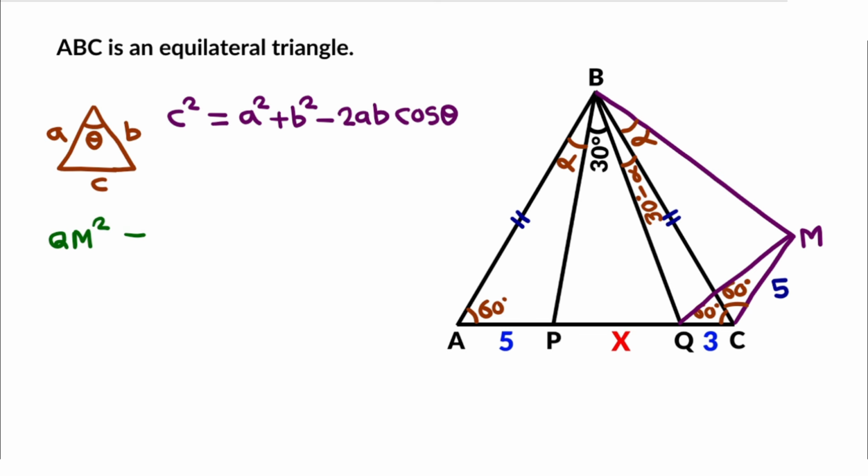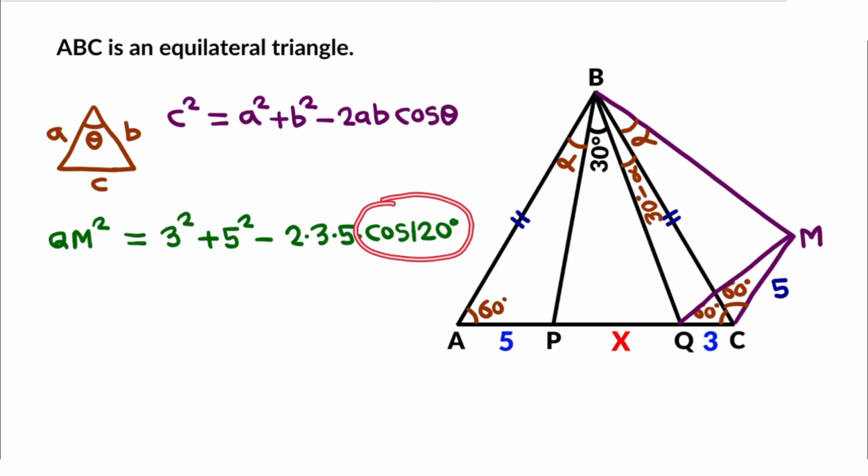QM squared equals 3 squared plus 5 squared minus 2 times 3 times 5 times the cosine of 120 degrees. 3 squared is 9, 5 squared is 25, and the cosine of 120 degrees is negative 1/2.